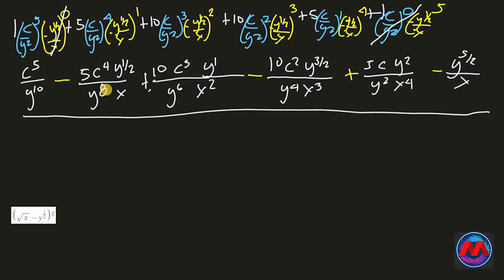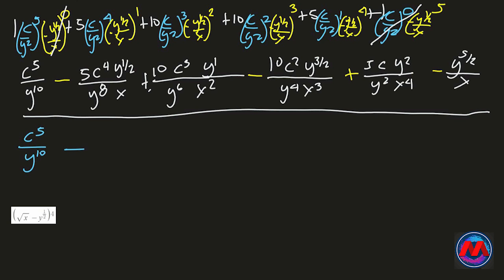So, doing that, mag-apply yung rules of exponent na while doing division, pag nag-divide ka ng the same variables, yung exponent nila would just subtract. So, ito, 8 minus 1/2. Ito, 6 minus 1. Ito, 4 minus 3 over 2. Ito, 2 minus 2. So, simplifying that, ang final answer natin, that would be c raised to 5 over y raised to 10 kasi iba naman sila.